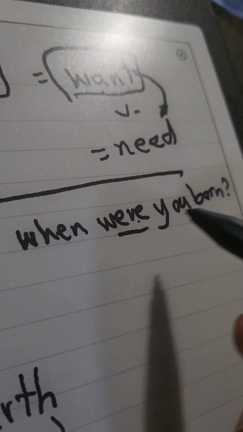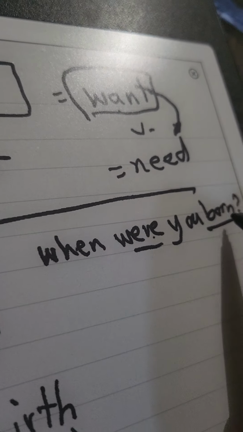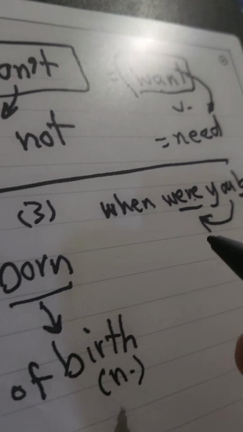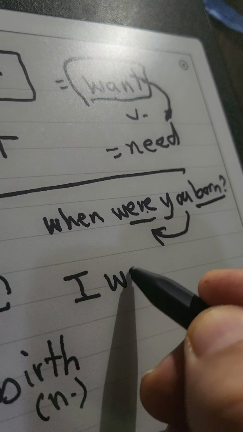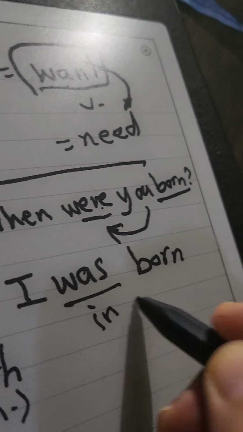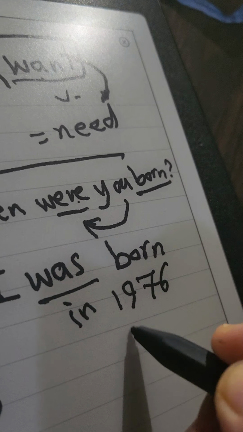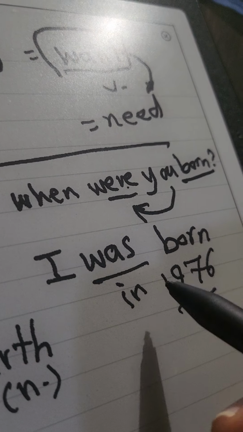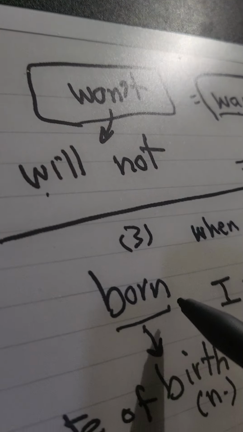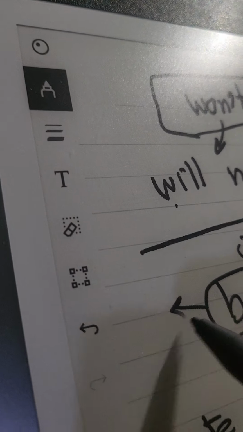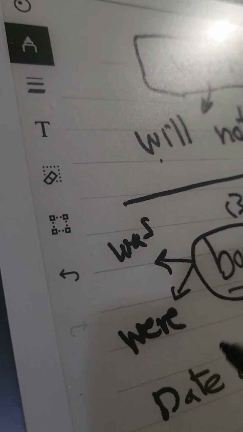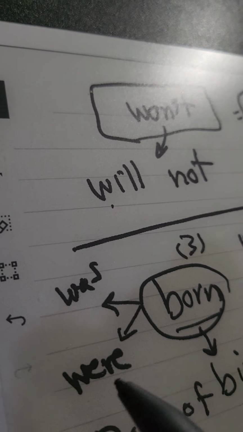You say, I was born in 1976. So I was born, he was born, were born. Always born is preceded by was or were.